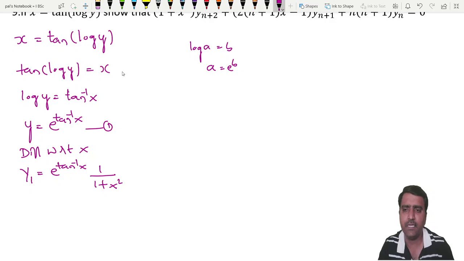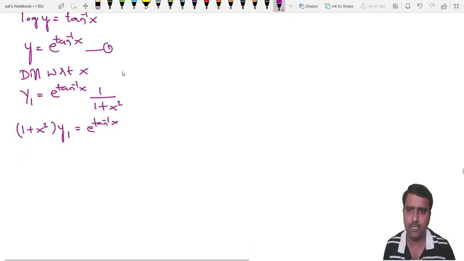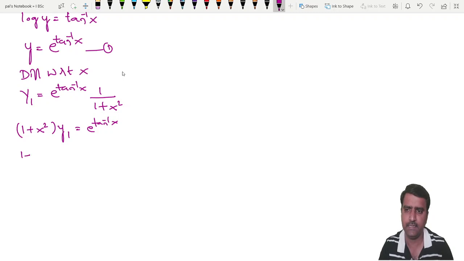Now cross multiplying, 1 plus x square into y1 is equal to e to the tan inverse of x.